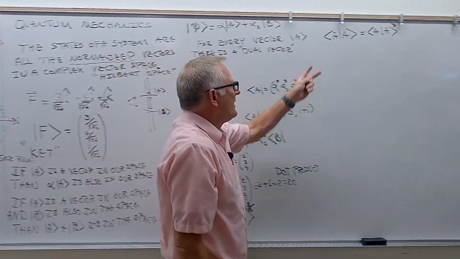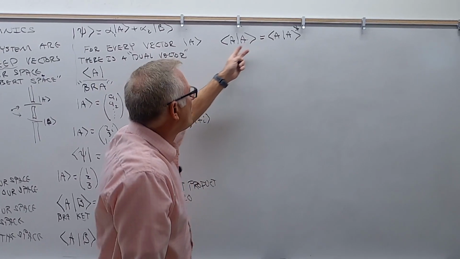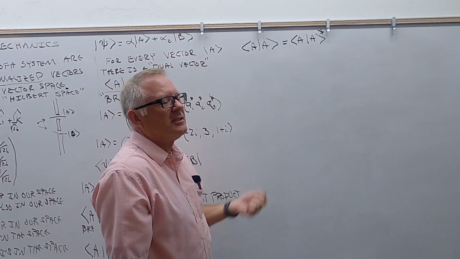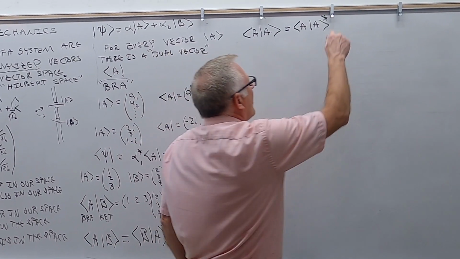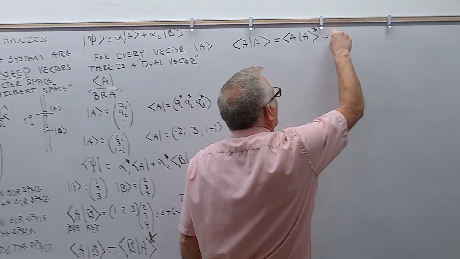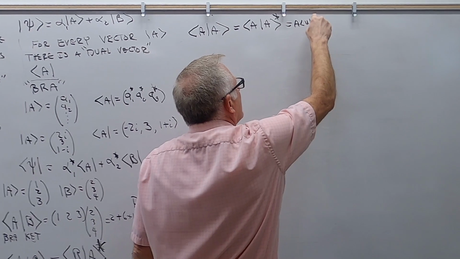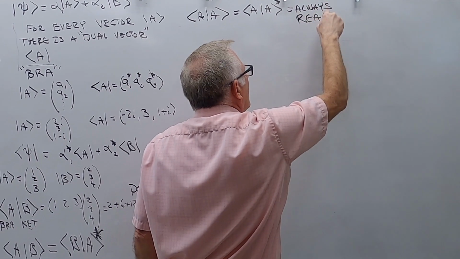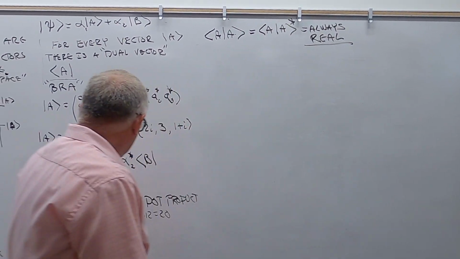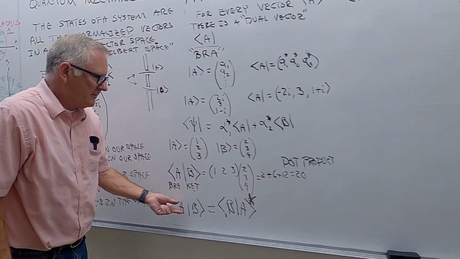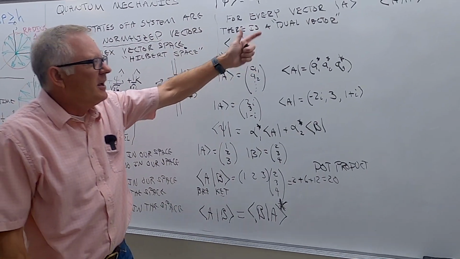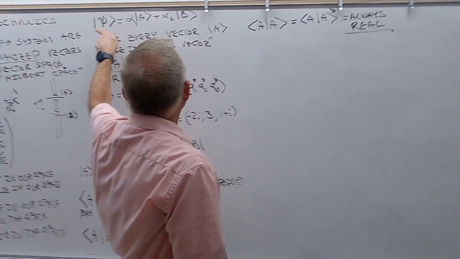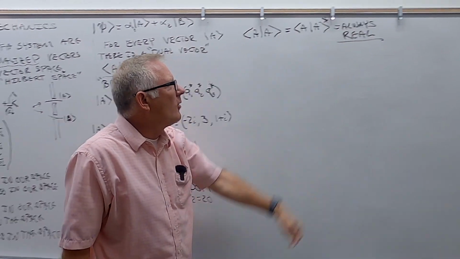Well, these two are the same, and anytime you equal your own conjugate, that means this has to be a real number. So this is always real. This one down here, A and B, could be complex, but anytime you're dotting it with yourself, B, B or even psi, whatever it is, this is always real.